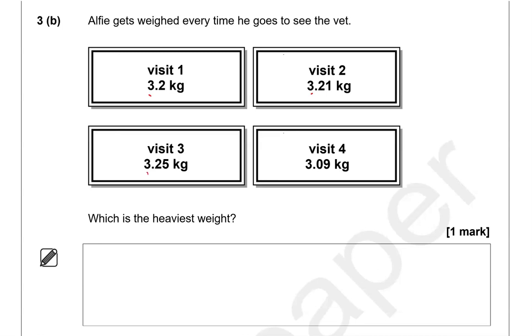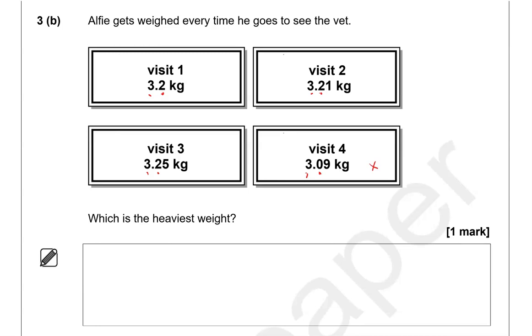That is 3 for all of them, so they're all above 3 kilograms. After that, we're going to check the second digit, the one after the decimal point. We have a 2, a 2, a 2, and a 0. So this is definitely the lowest.